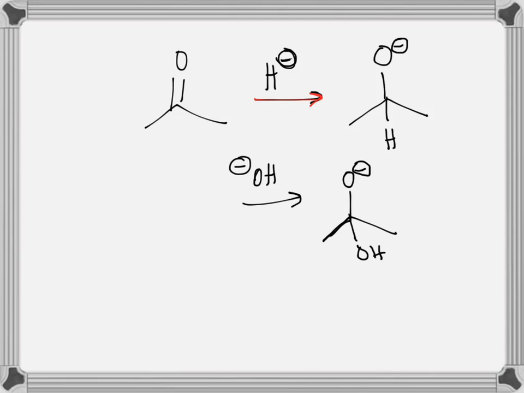Which way does our equilibrium lie? It doesn't. It's equilibrium. Okay. I believe that it has a slight favoring for our reactants. Okay, but not by much. Okay. What happens if we reacted with water?